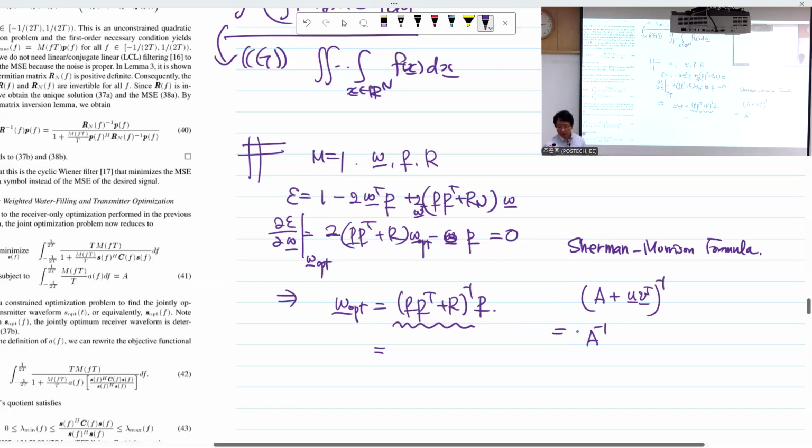Okay, but anyway, so what is this one in terms of A inverse and this U and V? Anybody? If I remember correctly, we have this one, and let me see, is it something like that?